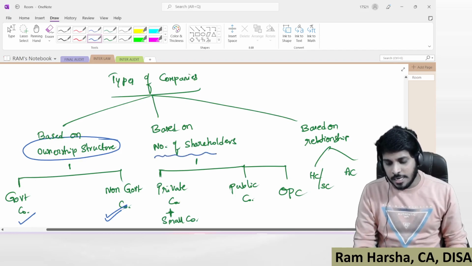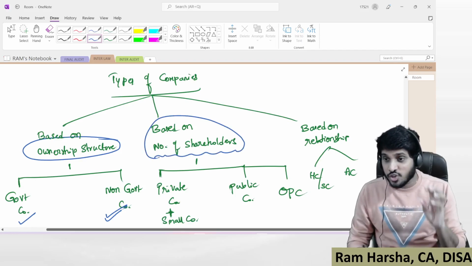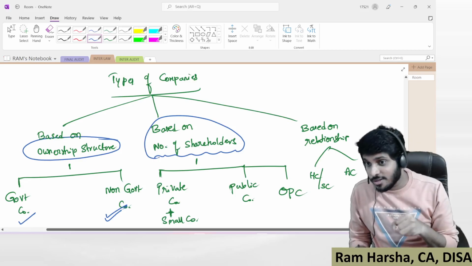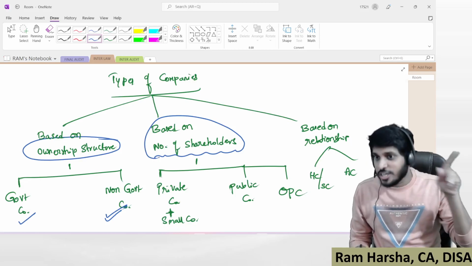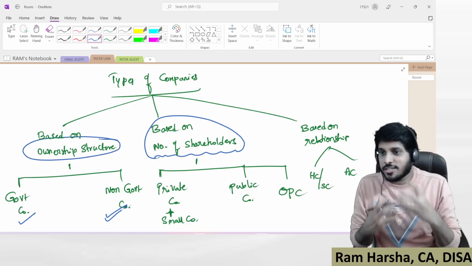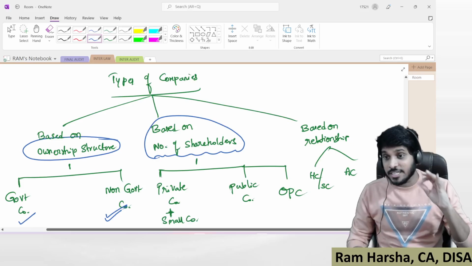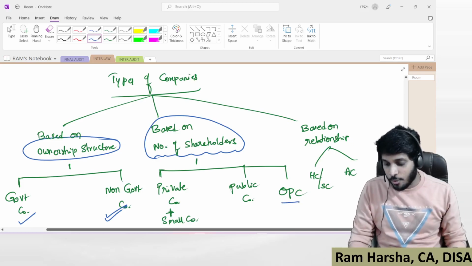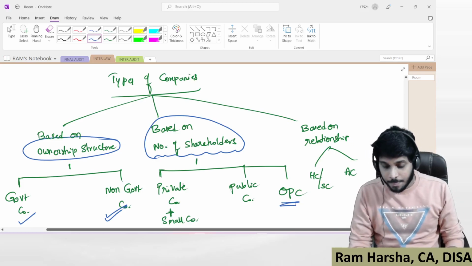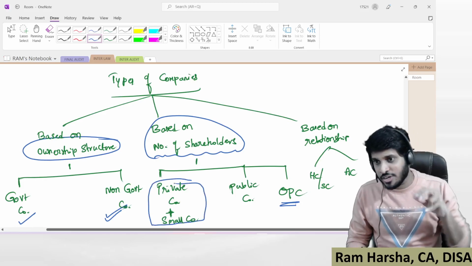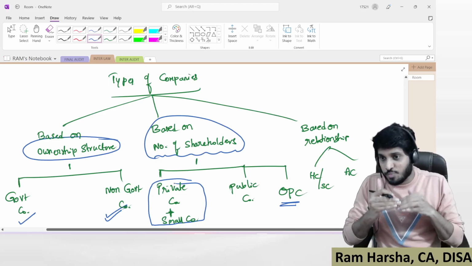Based on the number of shareholders, from the shareholders' point of view, not the ownership point of view, I divide companies into three categories: one person company, private company, and public company. Small company is a concept different from private company.